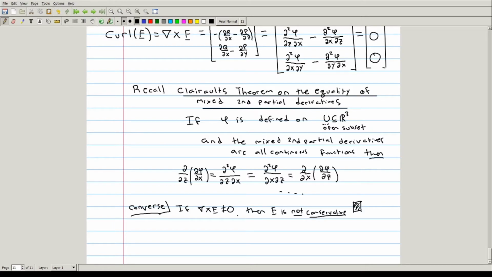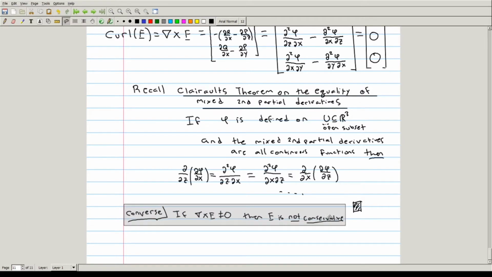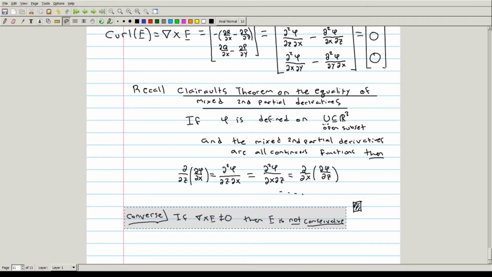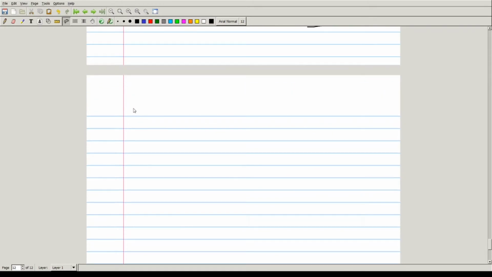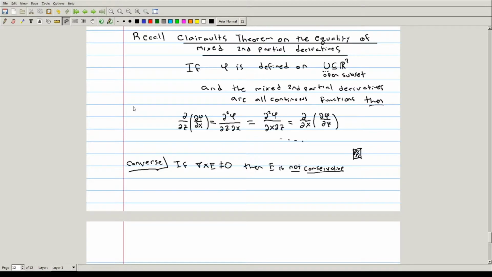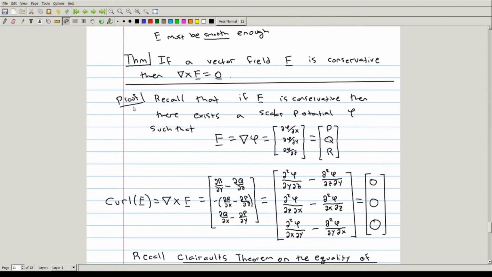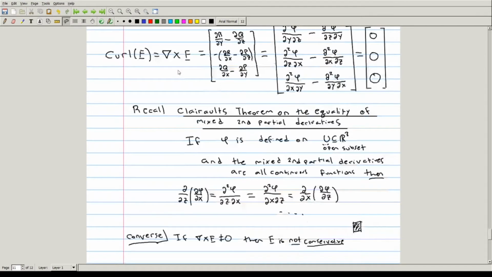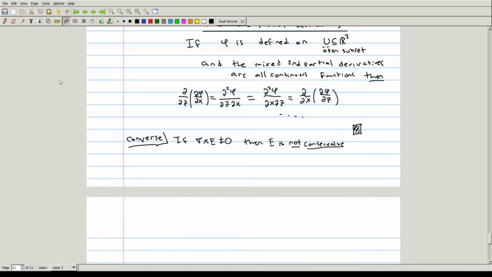This is the converse of the statement that we just proved. So this holds, and this is a valid check, which is why we can use this as a tool for checking whether a given vector field is conservative or not. But note that this is not a bi-implication statement. This is only an if-then statement. So we can't go in the opposite direction. And that's a very important point. So be careful.